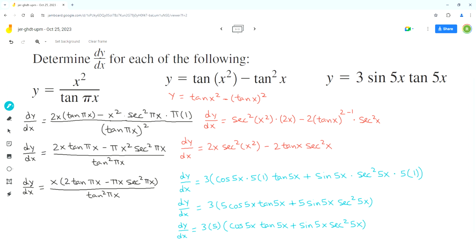Now we can multiply the 3 and 5 and we get 15.